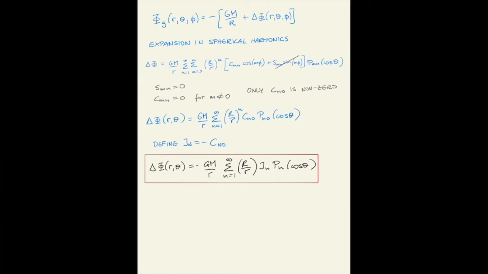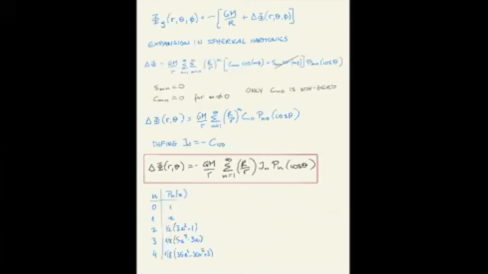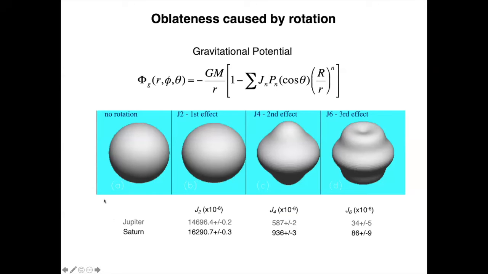Now, the shape is going to be given by this P_n here, which are the Legendre polynomials. These are some of the first Legendre polynomials, where those shapes are coming from. For n equals 0, you only have P_n equal to 1, so you only have the monopole.